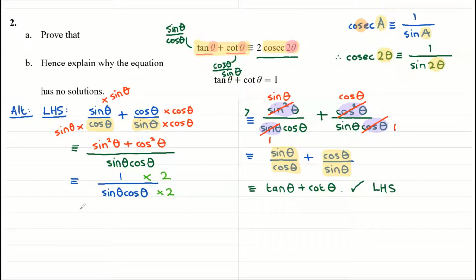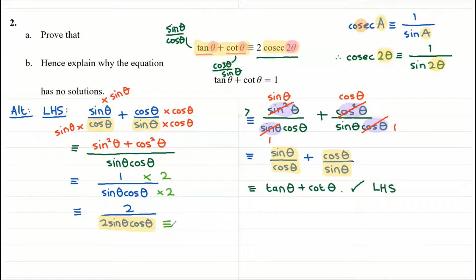It means we're allowed to use that double angle identity. So we get 2 over 2 sine theta cos theta. And we're almost there. You'll recognize this as the double angle identity for sine, which is really good.